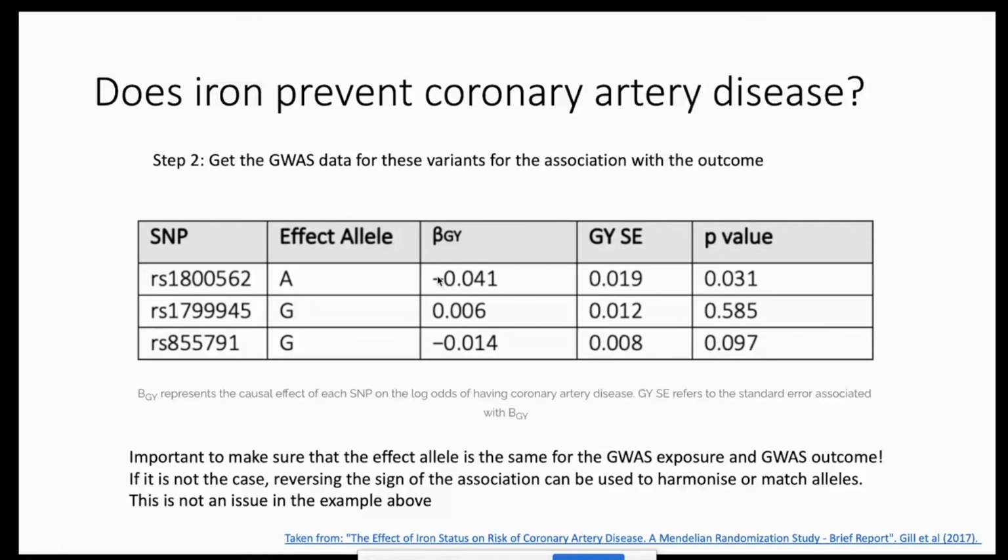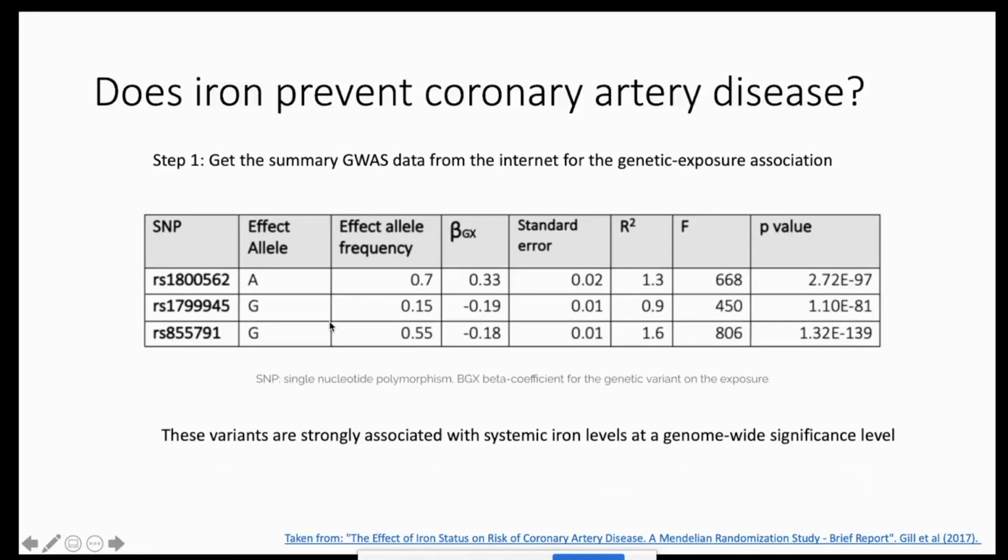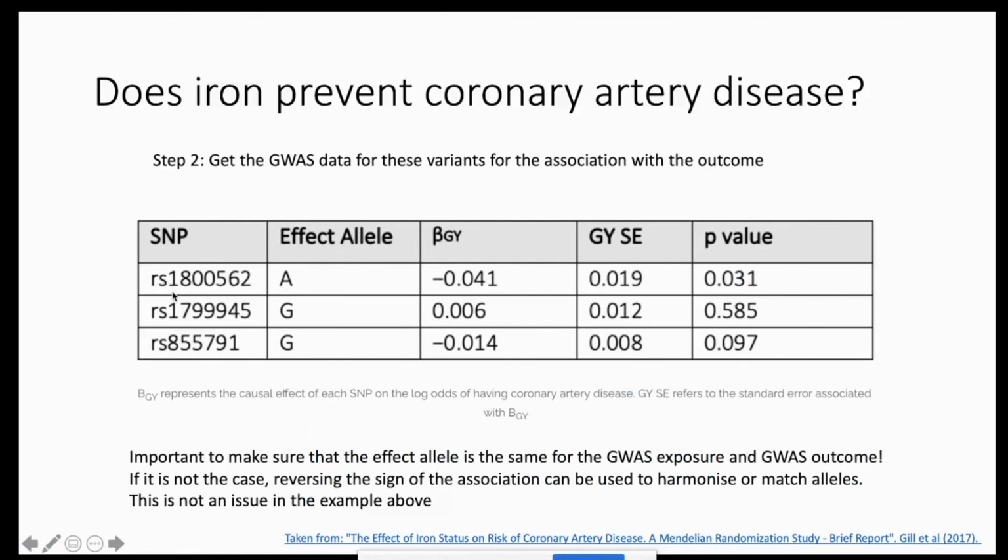We'll go into this in a little more detail when we start doing more Mendelian randomization studies, and there are computer packages that can help us do this, but it's important to know that the effect allele here has to be the same as the effect allele in the exposure GWAS. So on the first SNP, rs1800562, the effect allele was A. And for the outcome data, same SNP, the effect allele is A. So they match, so they have to be harmonized.